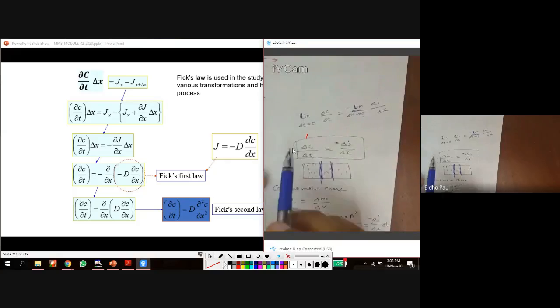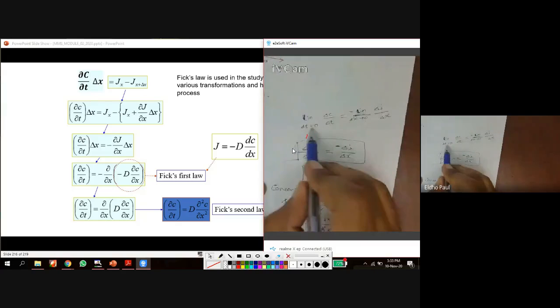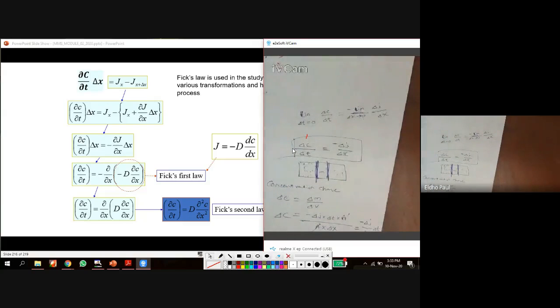Okay. So what is the meaning of delta t tends to 0? That means the time interval tends to 0, which is the instantaneous concentration change. This delta t becomes an instantaneous concentration change when delta t tends to 0.